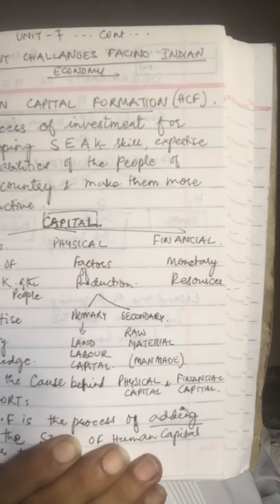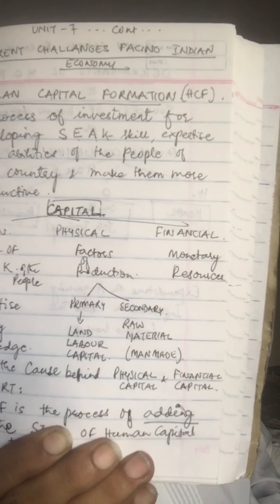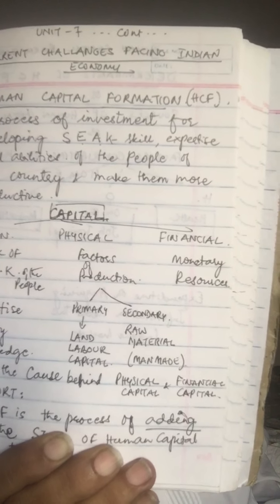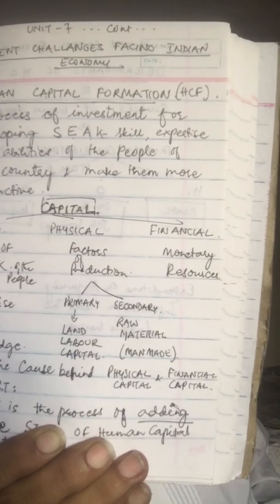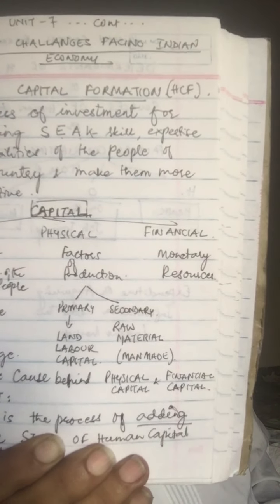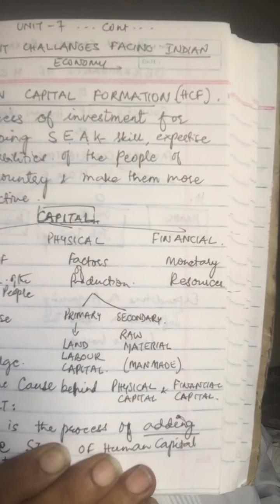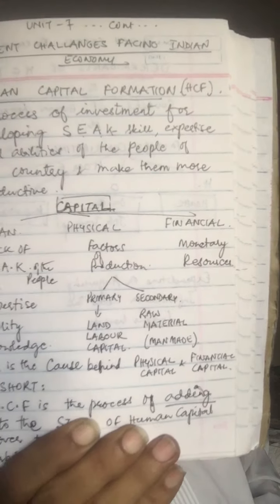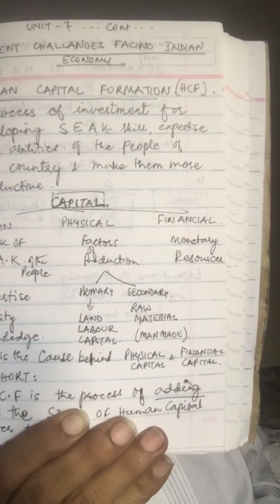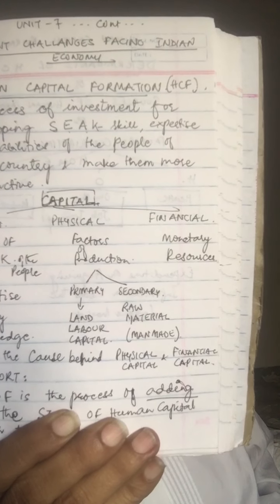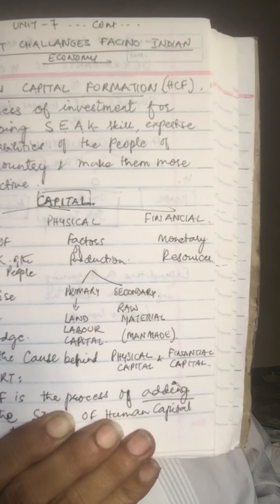And human capital, as we said, is a stock of skills, your ability, your knowledge, health, expertise, which is there in the people at a given point of time. Stock is always at a given point of time, human capital. And the human capital makes effective use of physical capital.